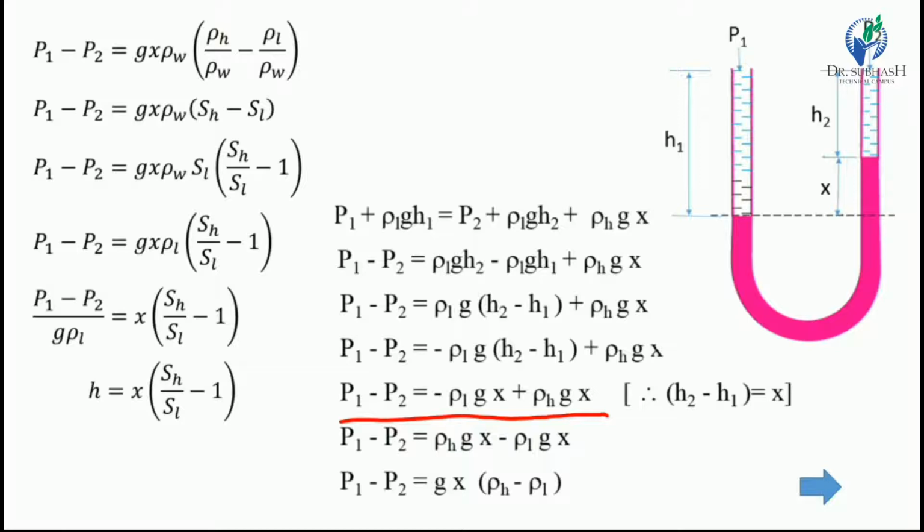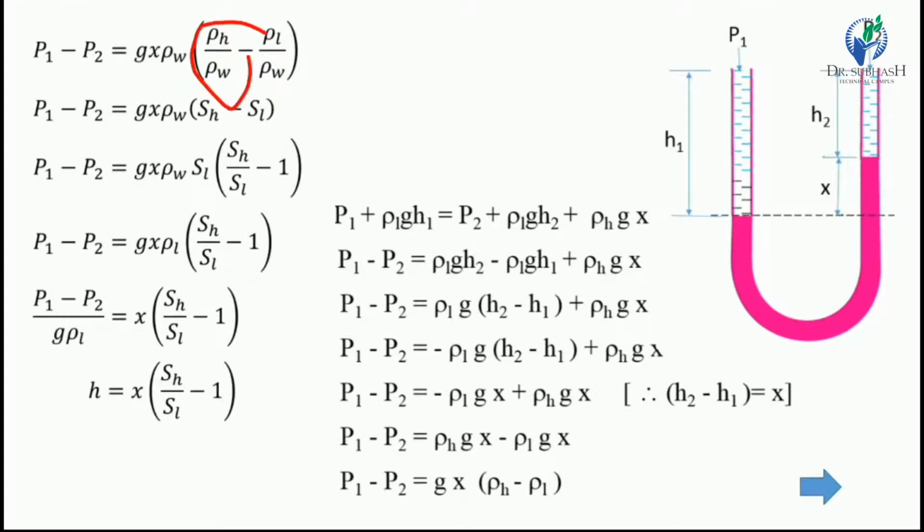Now we can rearrange. P1 minus P2 is equal to rho h g x minus rho 1 g x. Now g x is taken common, so in the bracket rho h minus rho 1. Now on the right side of the equation we divide and multiply by the density of water, as shown in the equation.